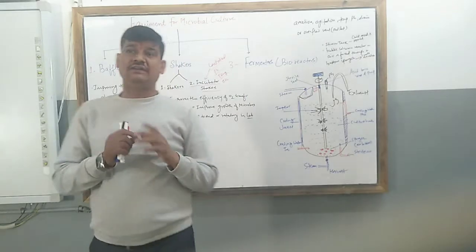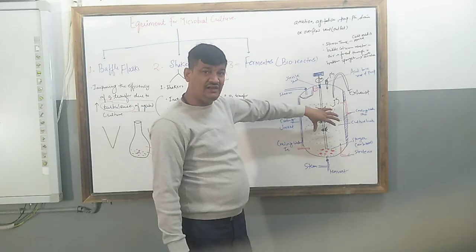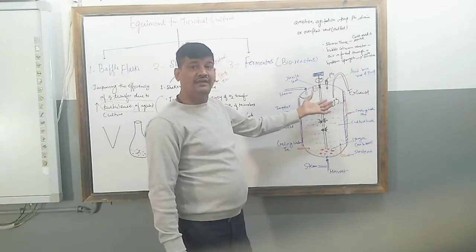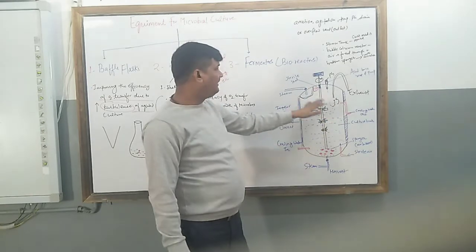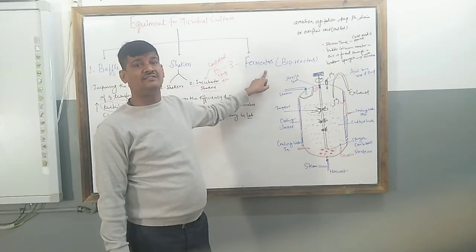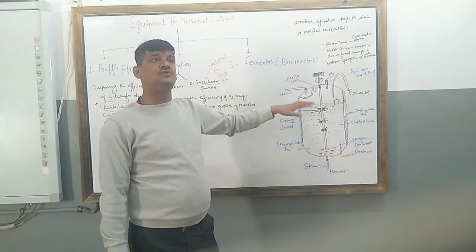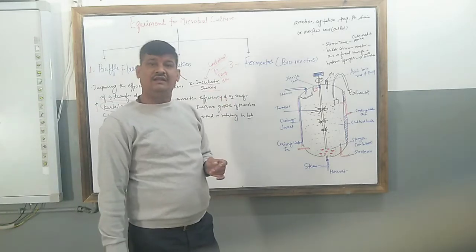We are culturing biological cells inside closed vessels. Another thing is that fermenters are used for the large scale production of metabolites or products which could not be produced in the laboratory.